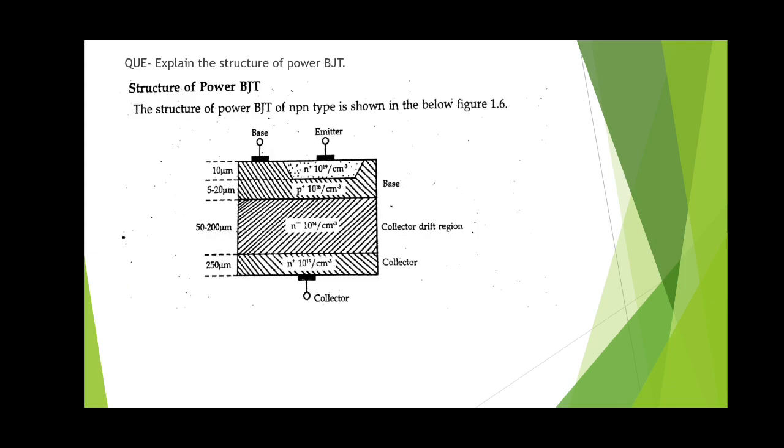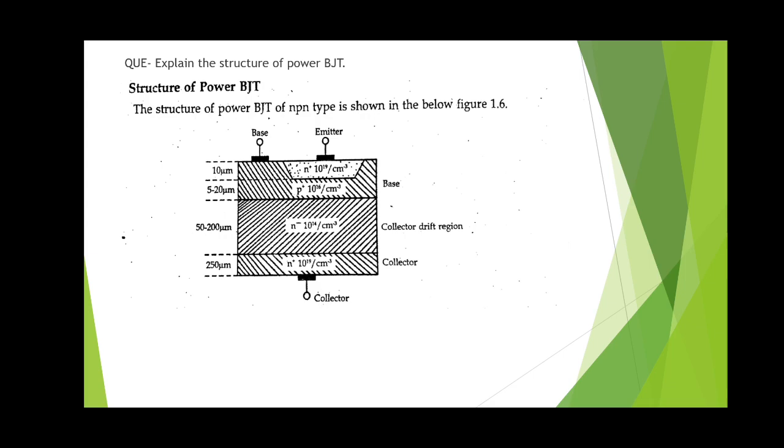Next, the question is asked, explain or write the structure of BJT. So if the question is asked to write or draw the diagram, we have to draw the diagram and write some important points. So in the figure we can see the structure of the power BJT.